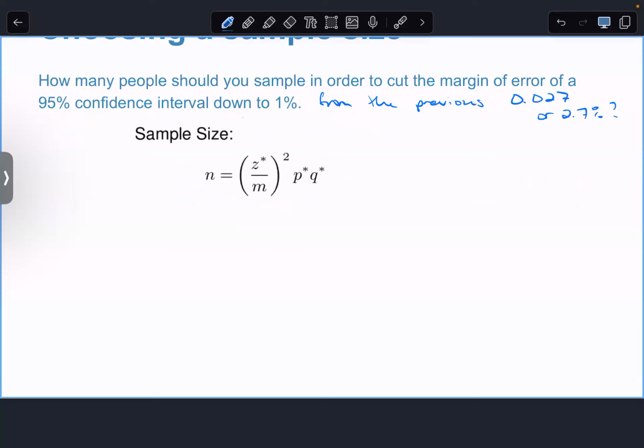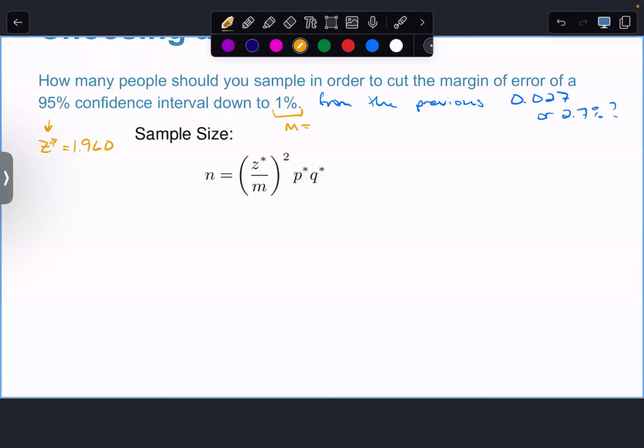Okay. So now we have Z star is still 1.960. That hasn't changed. All that's changing is I want my M to be 0.01 or 1%, right? Divide by 100.